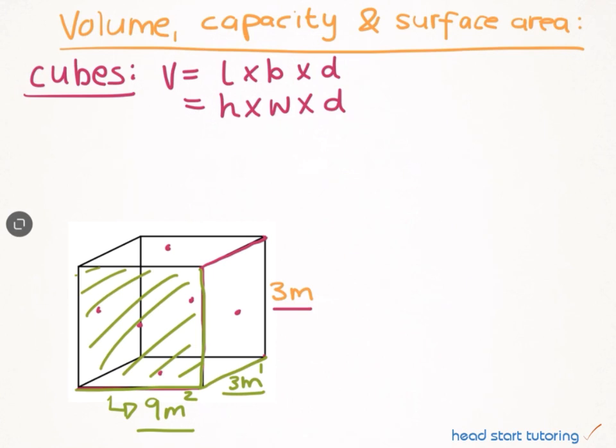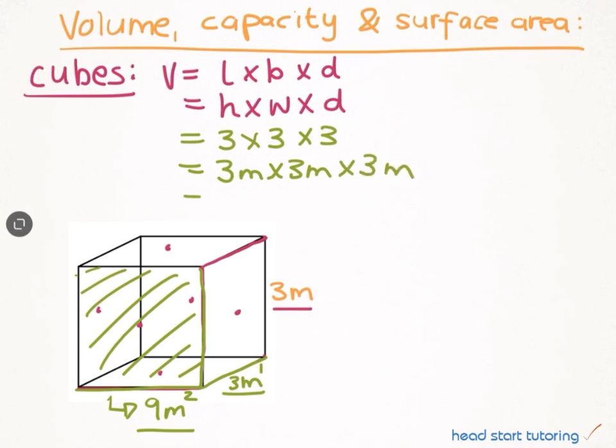And the reason that it's meters cubed is because we are now multiplying 3 measurements together. So let's just plug in our values here. We end up multiplying 3 by 3 by 3. To be more accurate, this is 3 meters by 3 meters by 3 meters.